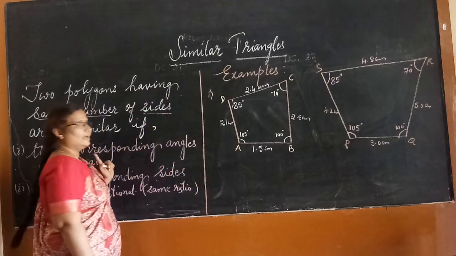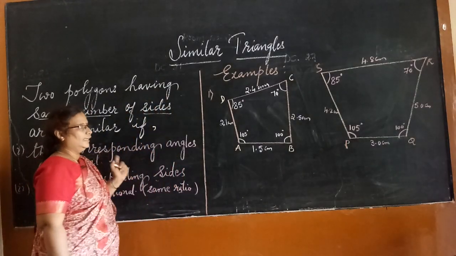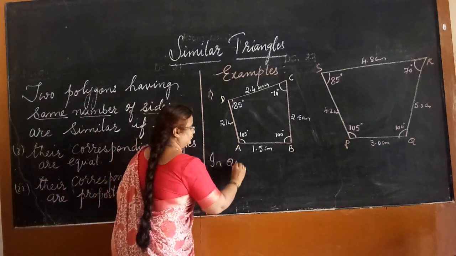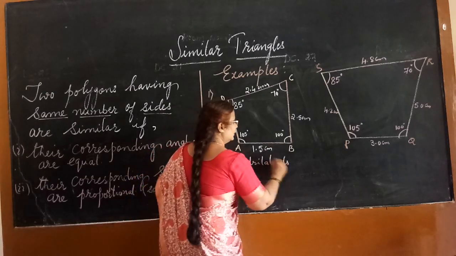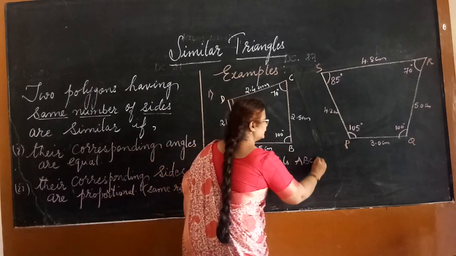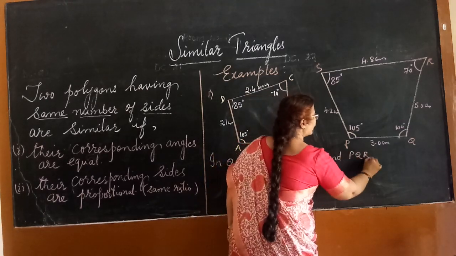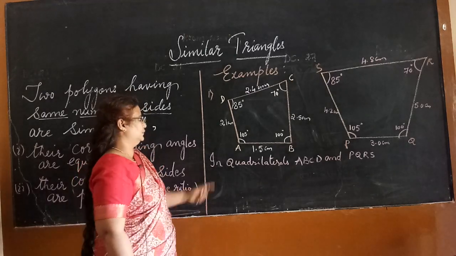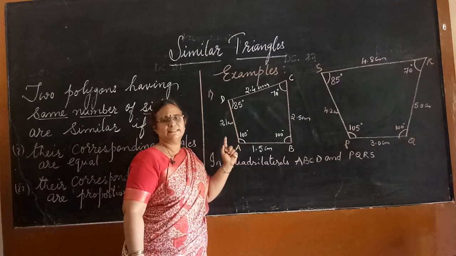First condition, I have to check whether the corresponding angles are equal. Let me consider quadrilaterals ABCD and PQRS. Let us identify the corresponding angles. Corresponding angles are those which measure the same.